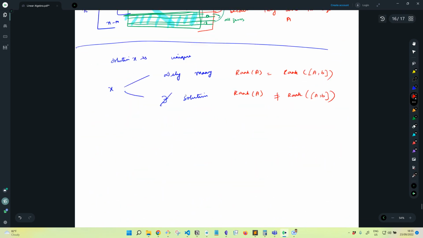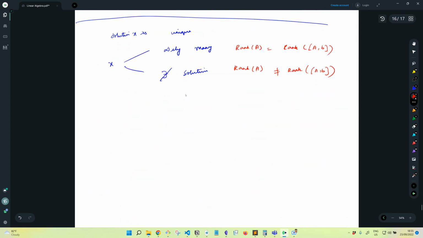Now, as a simple exercise, let me give you this equation once again and see if you are able to find a solution to the system using a pen and paper. x plus y equals 3, 2x plus 2y equals 7.